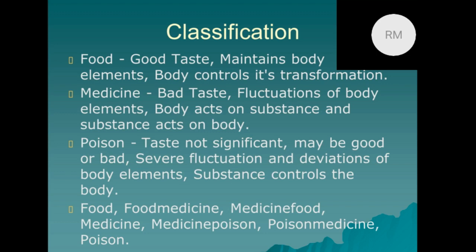The next important classification is about lifestyle. People follow three different types of lifestyles according to Ayurveda. There are some people who are completely under the control of the senses. They eat more by instinct than by choice or awareness.